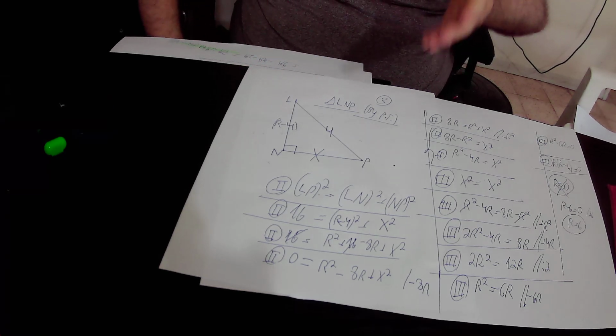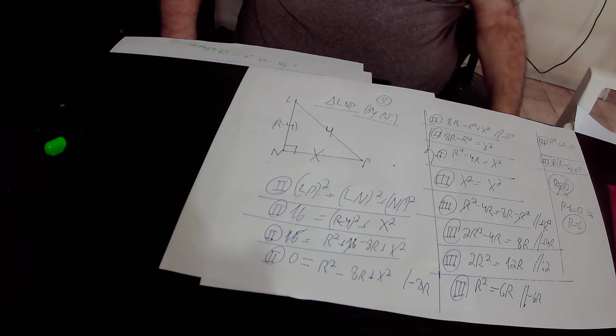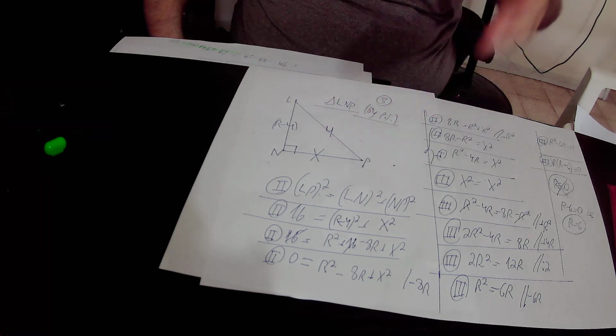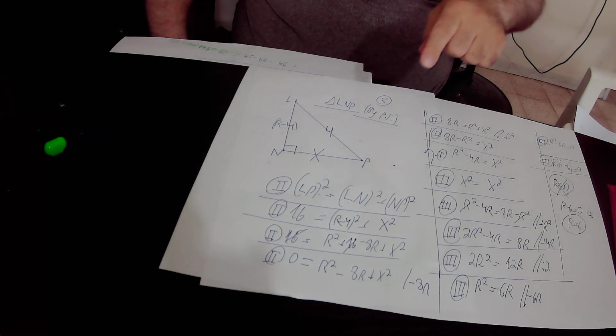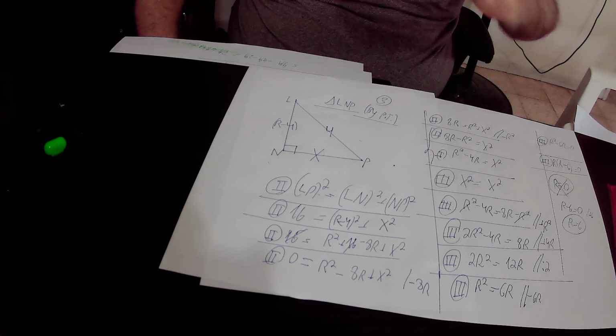According to the Pythagoras theorem, the square of the hypotenuse equals the sum of the squares of the perpendiculars. The hypotenuse is LP, so the square of the hypotenuse is LP square, and it must be equal to the sum of the squares of the perpendiculars. That is to say, LP square equals LN square plus NP square.